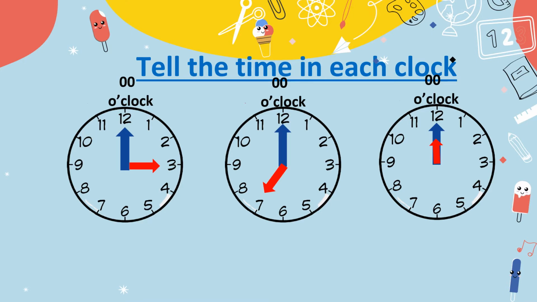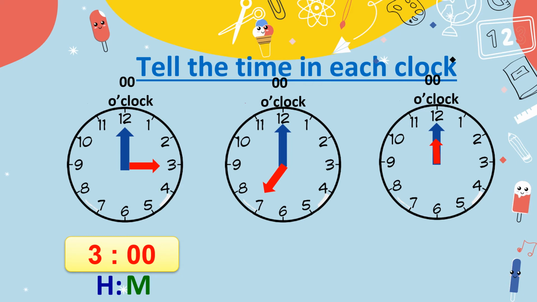Tell the time in each clock. In the first clock here, the short hand points to 3 and the long hand points to 12. I want to write this clock in digital form. So digital form has hours and minutes. So in hours I will write 3 and 00 for minutes. Okay, next clock.